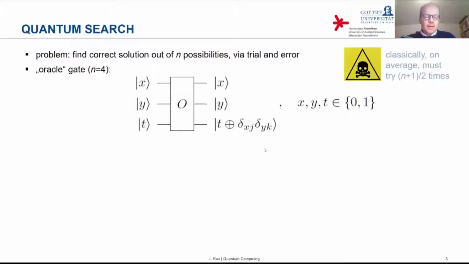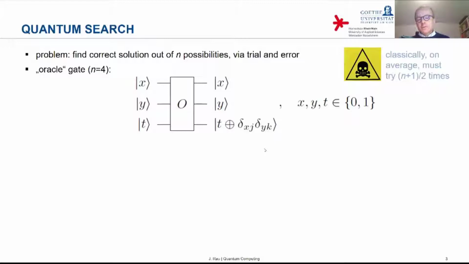And here I would like to show a quantum algorithm which finds the solution faster than that. I will limit myself to the simple case where you have 4 possible solutions to your problem. Say all solutions are equally likely.